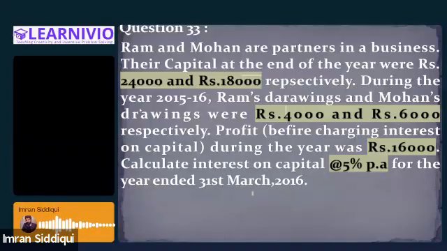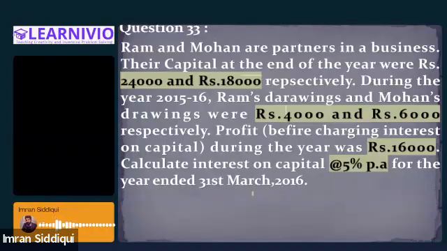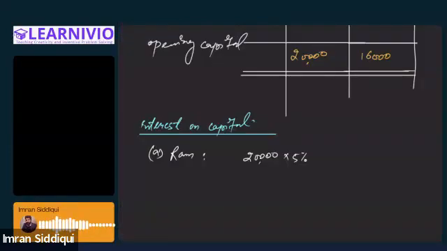We'll calculate interest on capital at the rate of 5% per annum, which is given in the question, for the entire year, because they must have maintained this balance throughout the year. So that means it will be 1,000.